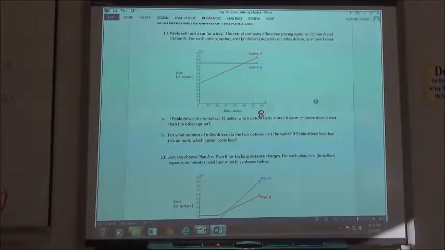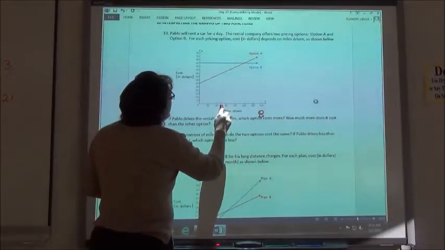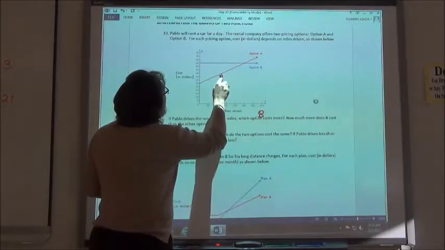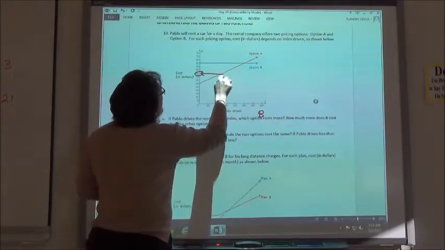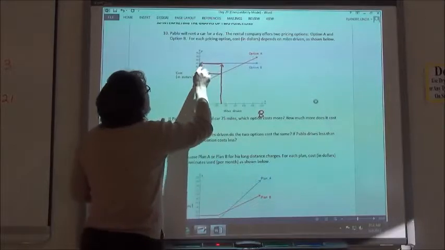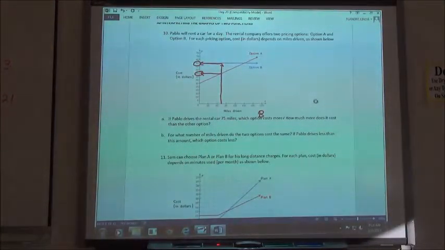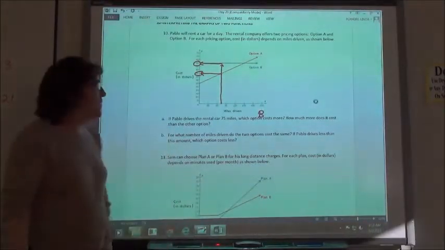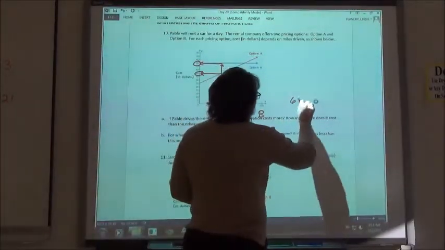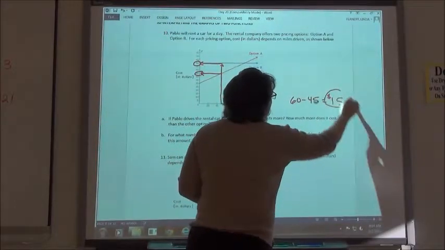However, then it wants to know how much more does it cost. So I have to figure out at 75 miles, option A is going to cost me $45. Option B costs me $60. So how much more does it cost? $15, right? 60 minus 45, going to give me 15 bucks more.